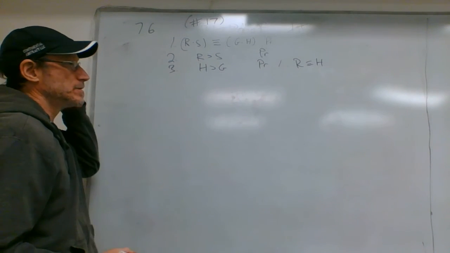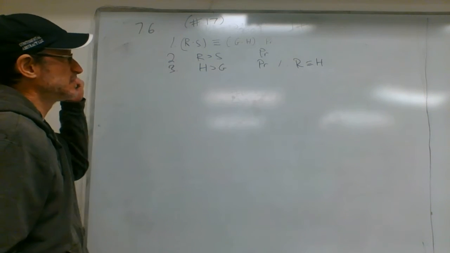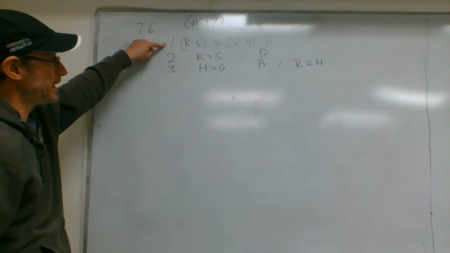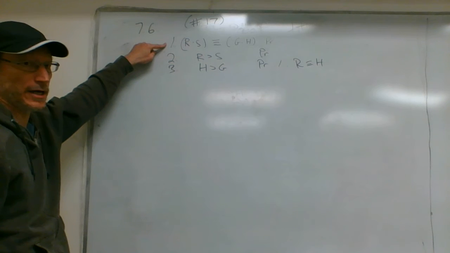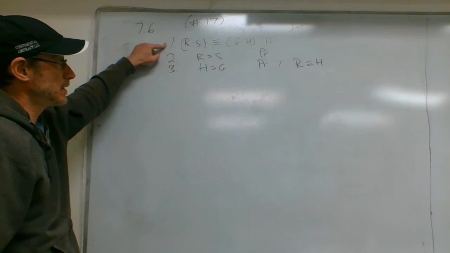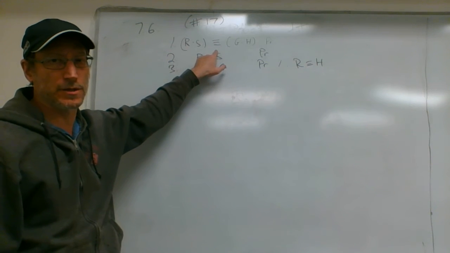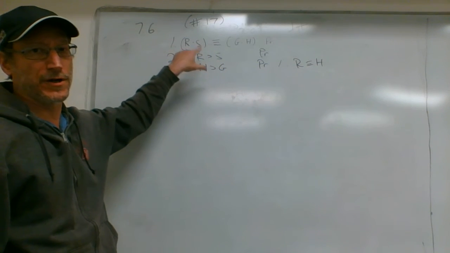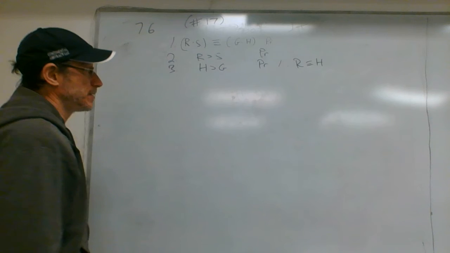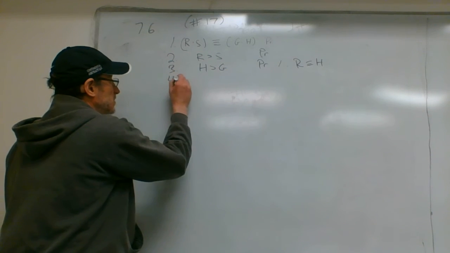Okay, now, the first thing we should do here is we could take number 1 and switch it out a bit, because this is a biconditional. Anytime you see a biconditional in your premises, you're probably going to want to change it to a pair of conditionals. So let's do that right away.